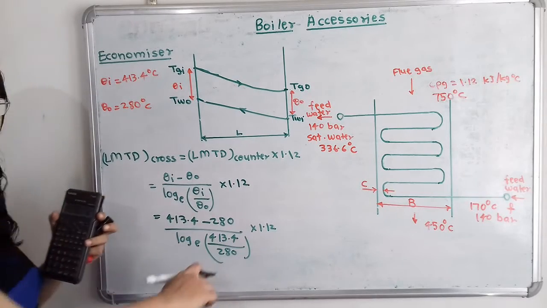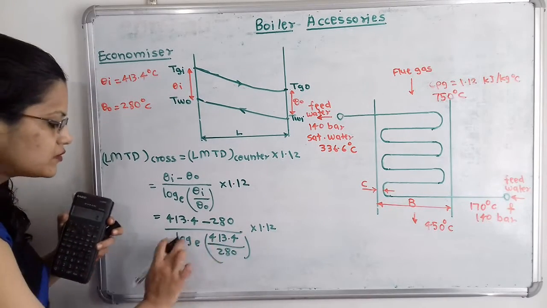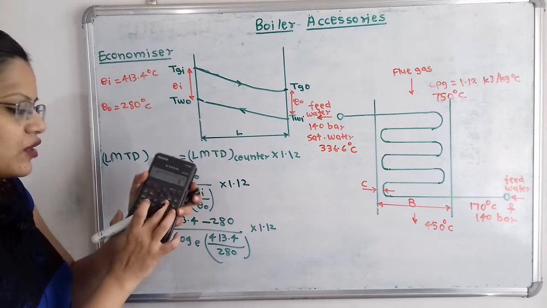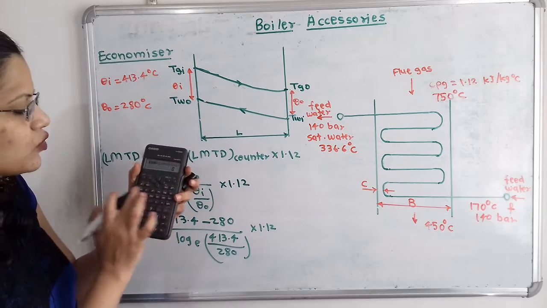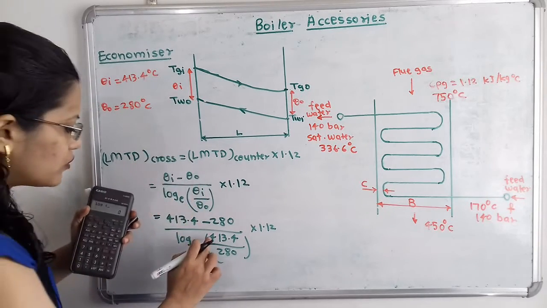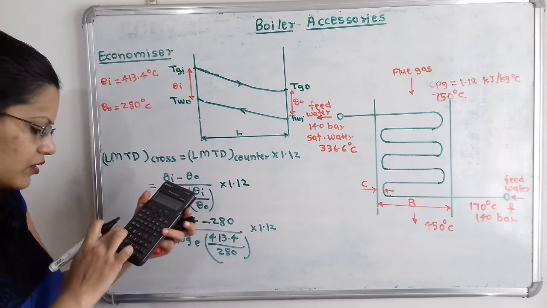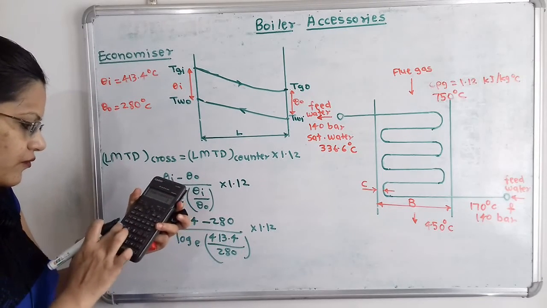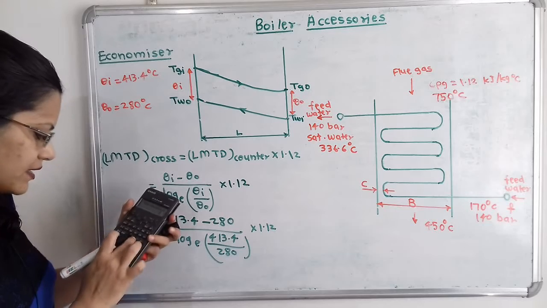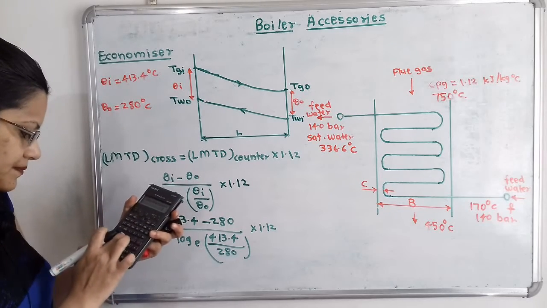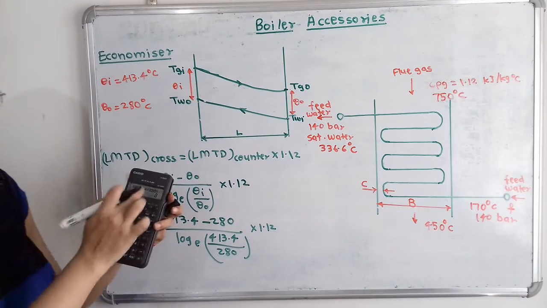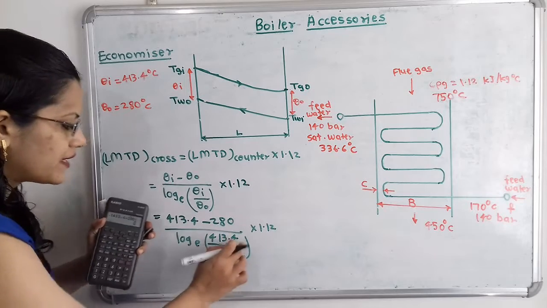So how do we solve log to the base e? First, here is the log sign on the calculator. In the bracket we take 413.4 divided by 280, then bracket complete. Don't forget to close the bracket.